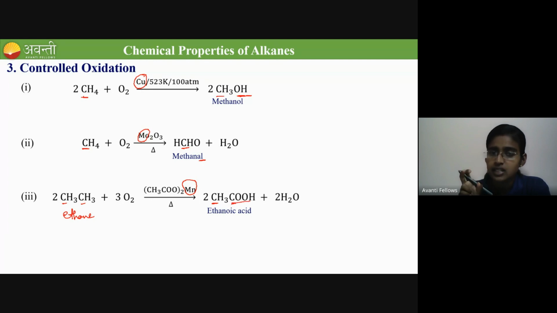So the catalyst is determining the product. Who is giving the catalyst? The person is giving the catalyst to the reaction. So the person is controlling the reaction, and in all these reactions, addition of oxygen to alkanes is happening. That's why it is called controlled oxidation. Clear?